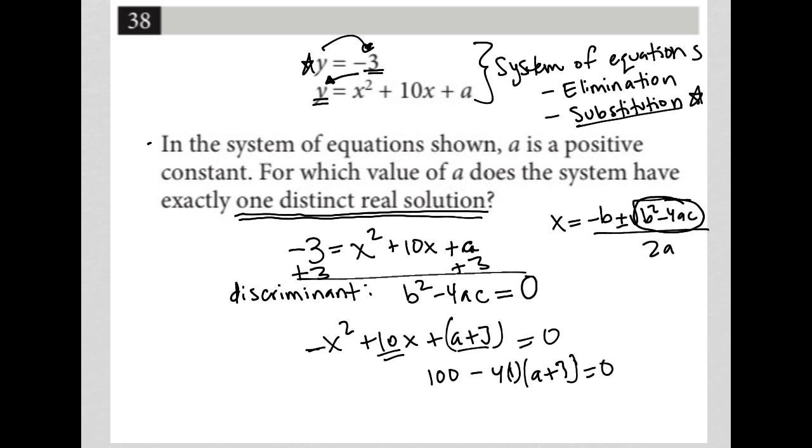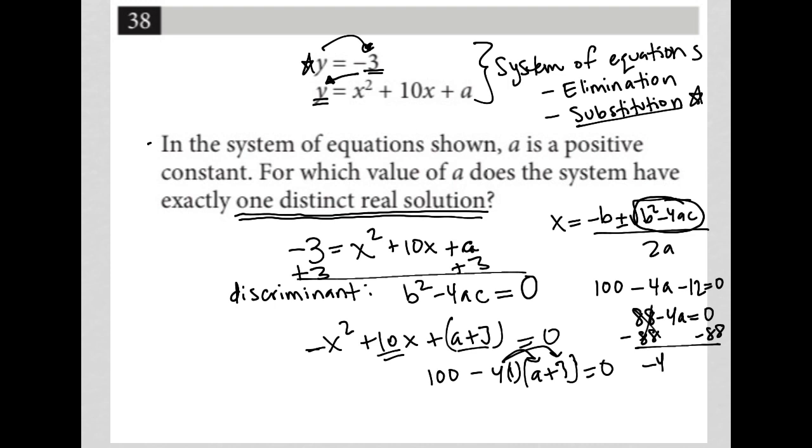So I have 100 minus 4a minus 12 equals 0. I just distribute the -4 across. And 100 minus 12 is 88, so I have 88 minus 4a equals 0. I can then subtract 88 from both sides here.